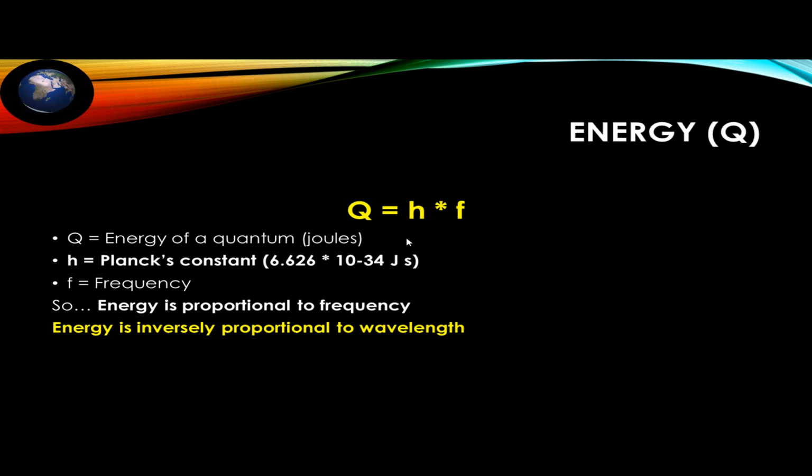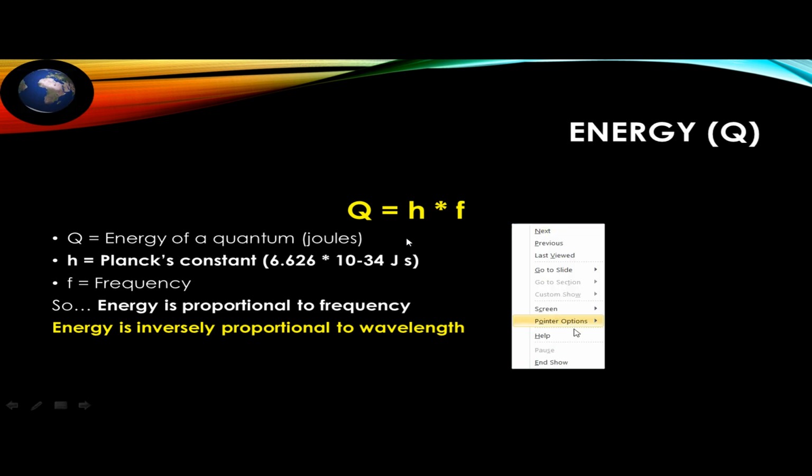When the proportionality sign is removed, a constant comes in, h, called Planck's constant, whose value is around 6.626 into 10 to the power minus 34 joule second, and f is the frequency. So the energy is proportional to the frequency. But we know the frequency is inversely proportional to the wavelength. That's why the energy is inversely proportional to the wavelength.